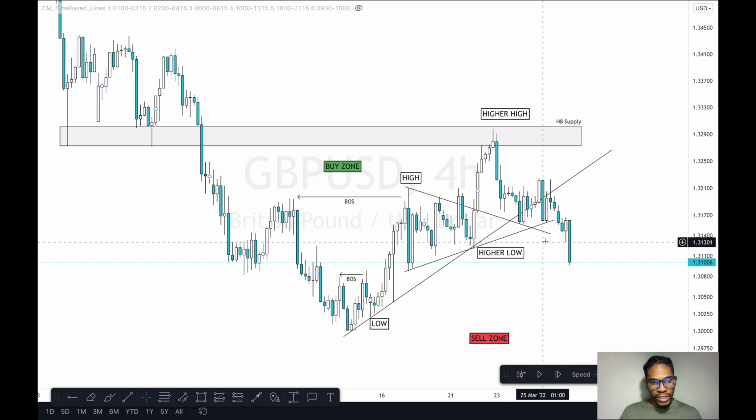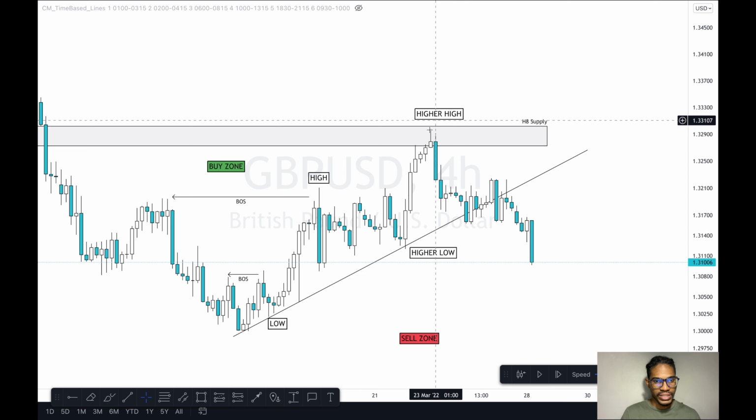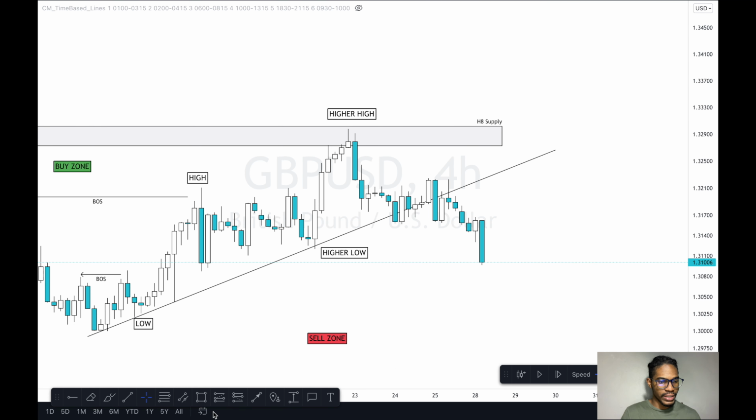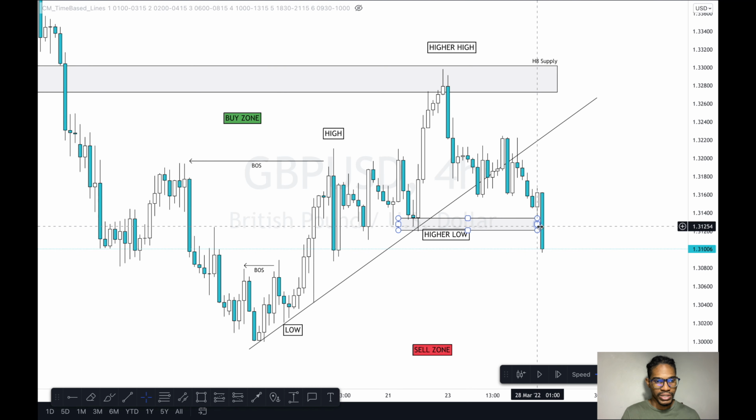Now that we understand what price is doing, we retested H8 supply and broke our demand zone here. This is broken demand, so this is another key indication that price wants to move bearish. We are looking to take sells. Sellers are in the market.